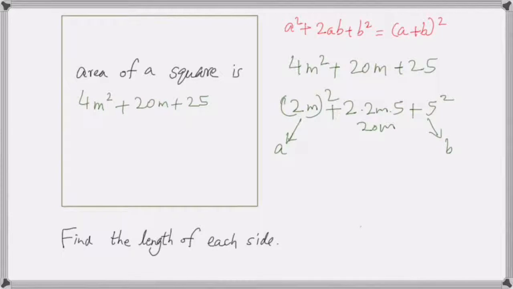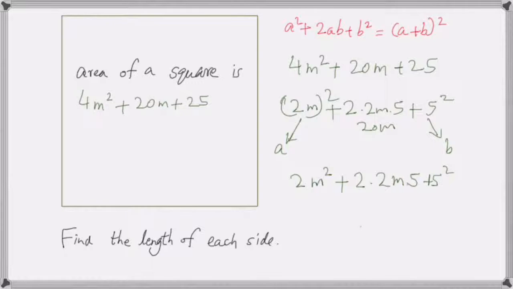So this equation can be written as a square plus 2ab plus b square. That would be 2m square plus 2 times 2m times 5 plus 5 square.